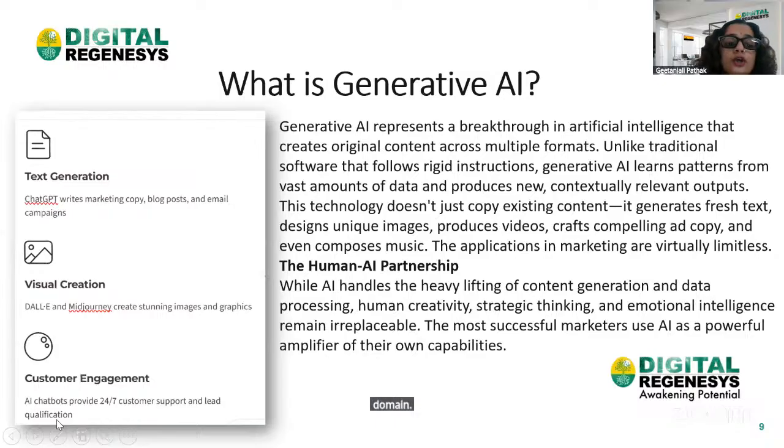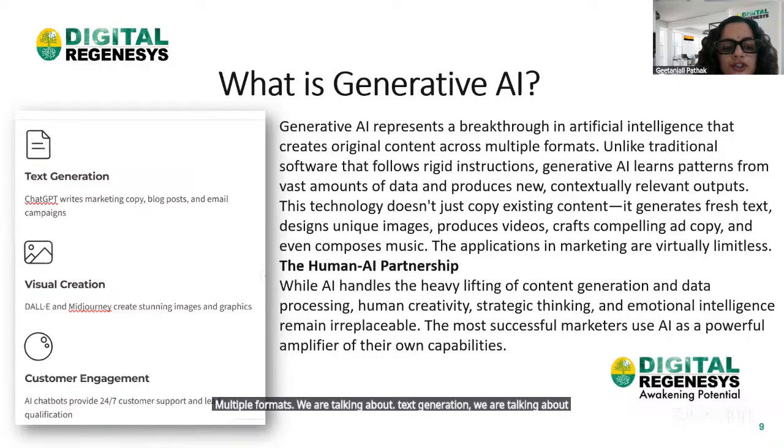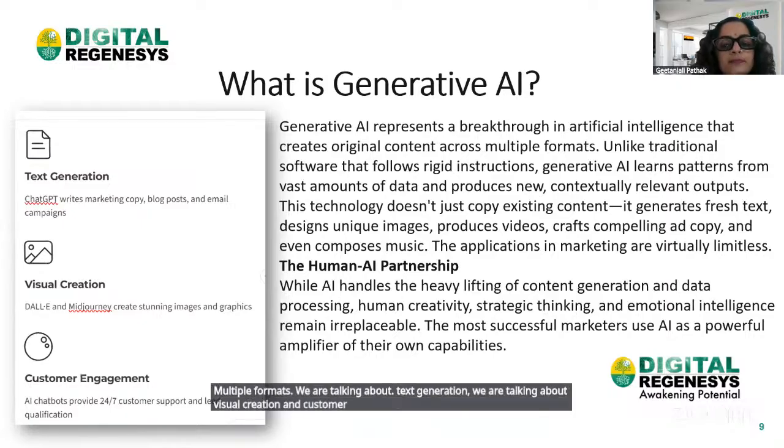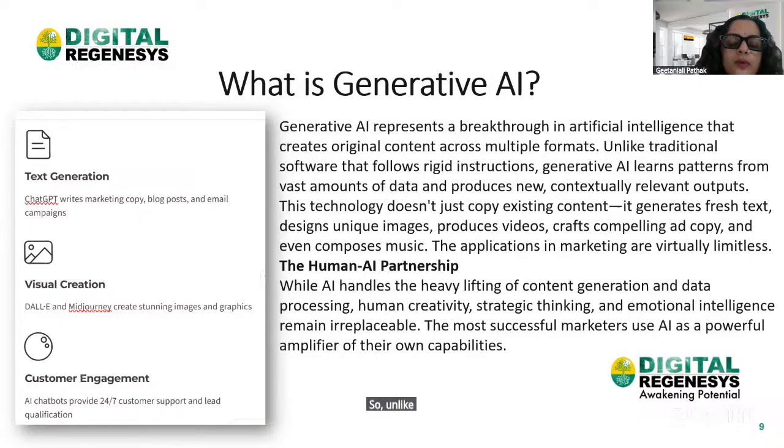So yes, generative AI talks about artificial intelligence that creates content across multiple formats. We are talking about text generation, visual creation and customer engagement. Unlike traditional software that follows rigid instructions, generative AI learns patterns from vast amounts of data and produces new, contextually relevant outputs.